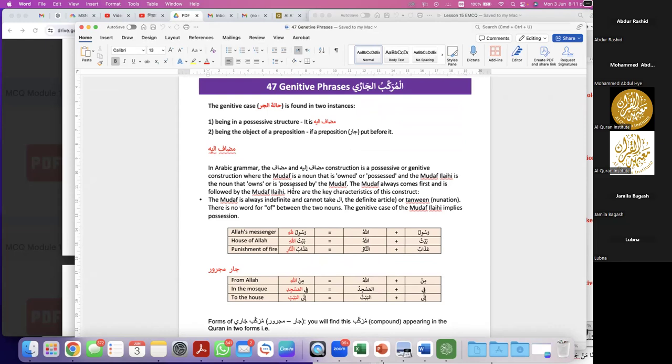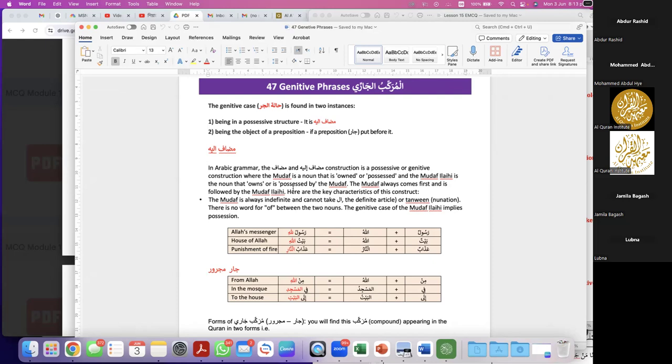Alhamdulillah. Okay, MashaAllah, good. So we are now studying Murakkabul Jarri. Murakkab al-Jar, Jar Majroor, whatever you say is okay. Okay? And before we even read anything, what are we going to talk about? We said already, genitive phrases are two types.